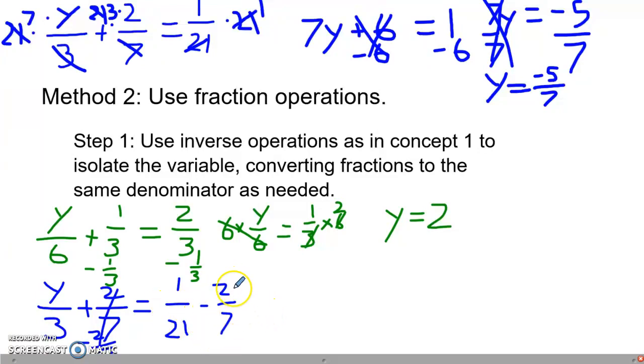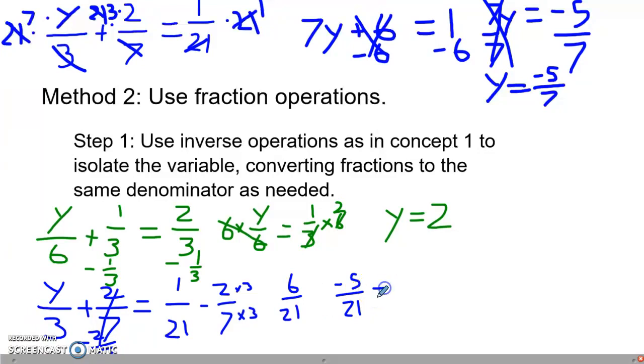So what do I have to do? I have to convert this. I have to multiply this by 3, multiply this by 3. So that is going to be 6 over 21. And I have 1 over 21 minus 6 over 21, which is going to be a negative 5 over 21.